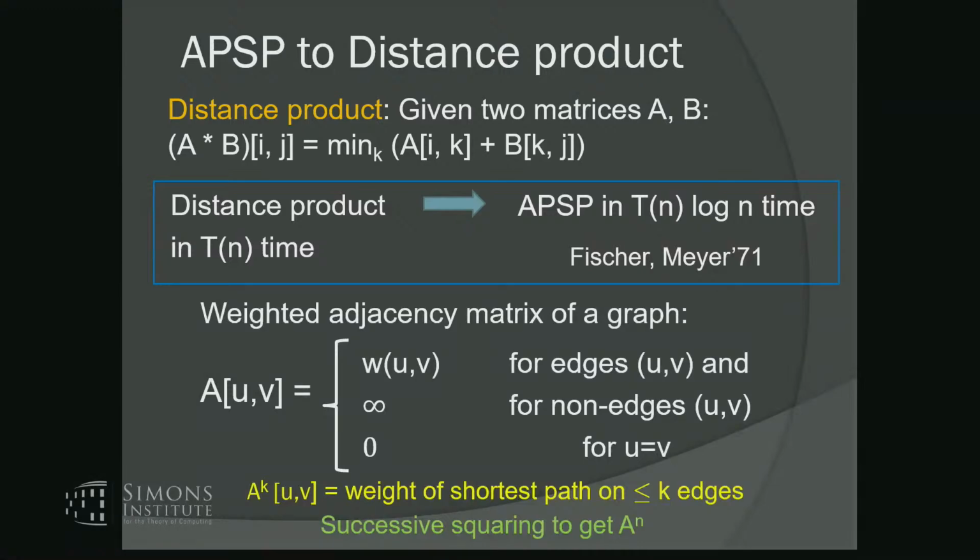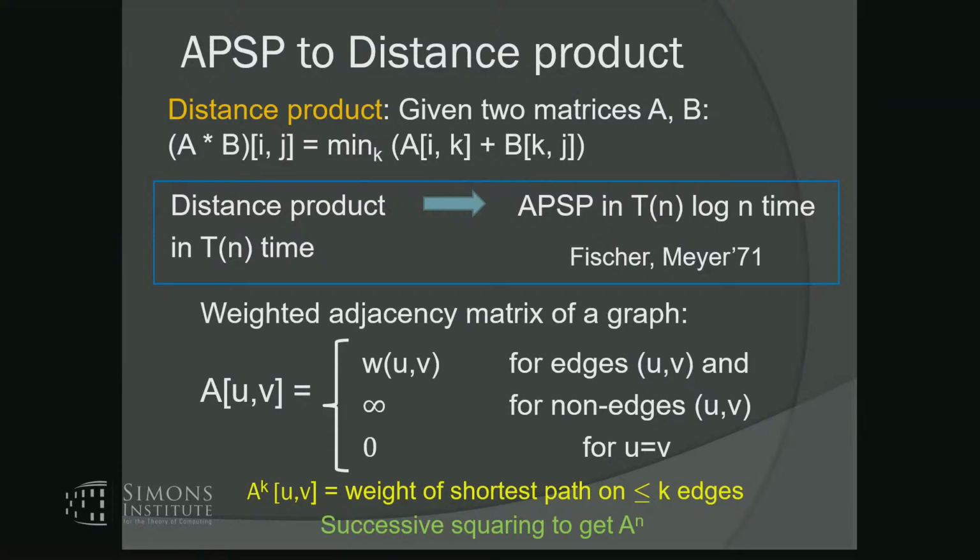Sorry, so by squaring you mean use the distance product oracle to square? Yes. Okay, thank you for the correction. I hope I didn't confuse you, which is totally valid; I can go through it again offline.